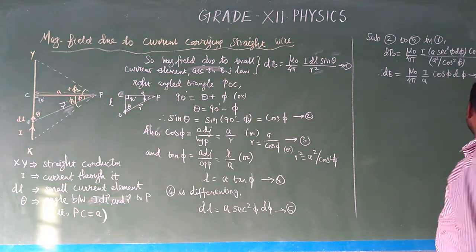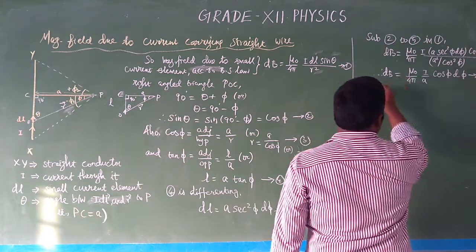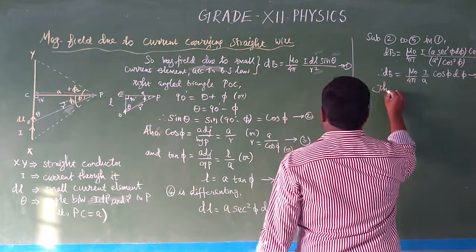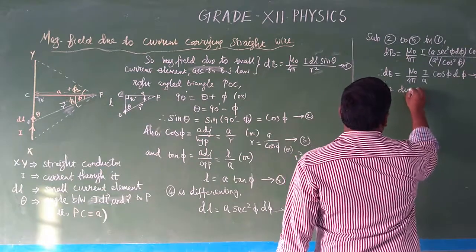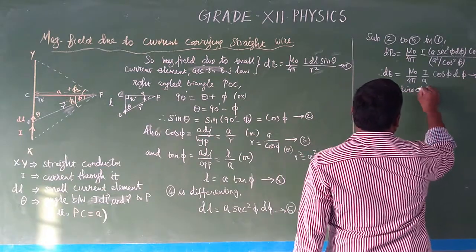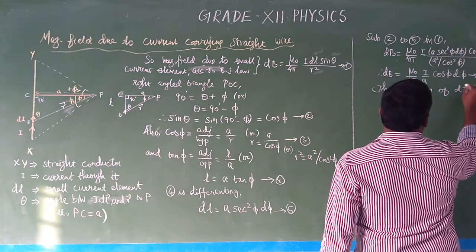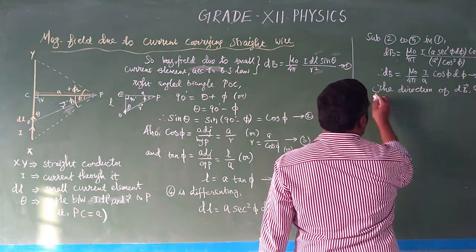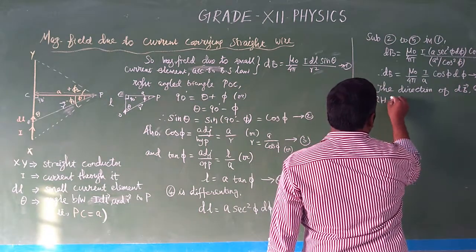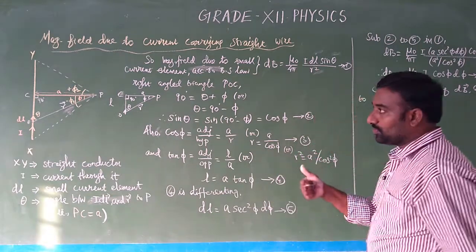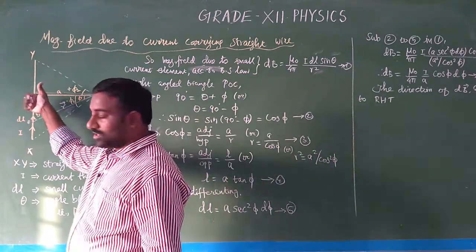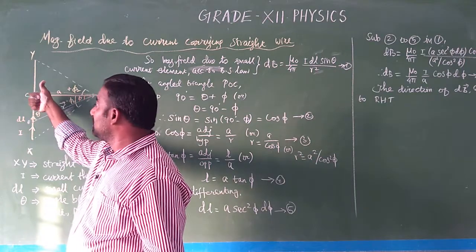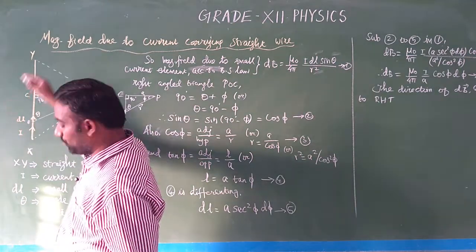இப்போ நமக்கு small magnetic field கிடைச்சிருச்சு. இப்போ இதனோட direction நமக்கு தெரியணும். So the direction of dB according to right hand thumb rule. Right hand thumb rule தெரியும். In a straight current carrying conductor, you are holding a straight current carrying conductor in which the direction of the current is upwards.